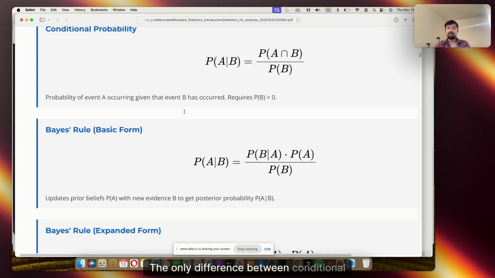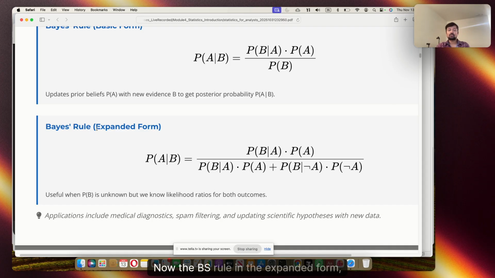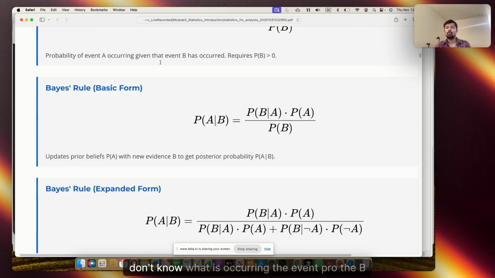The only difference between conditional probability and the Bayes rule is that in conditional probability, you are not using the prior beliefs, or the prior experience or knowledge with the data, in the form of probability for the new event. Now the Bayes rule in expanded form is useful when P(B) is unknown specifically. So you apply these kinds of rules when you don't know what is occurring.